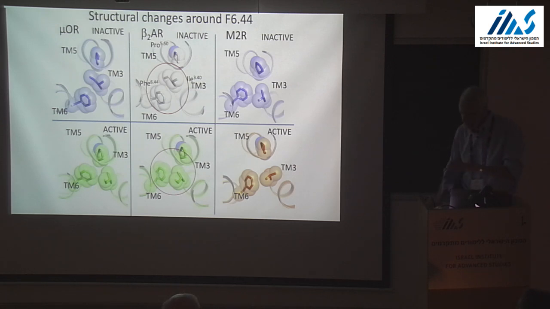So it turns out there are roughly 90 family A GPCRs that have this feature. And the remainder don't. And I just looked up, of those that don't, they all tend to be those that have the class B behavior that Bob mentioned.